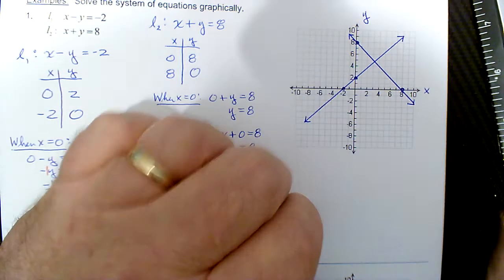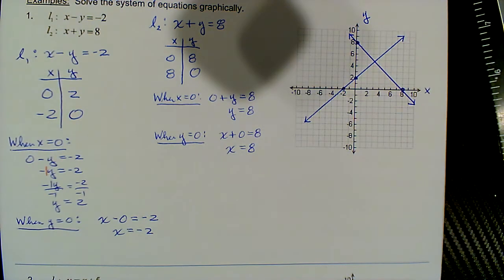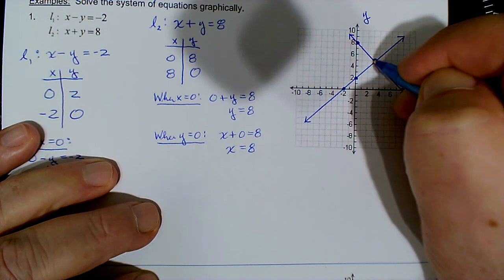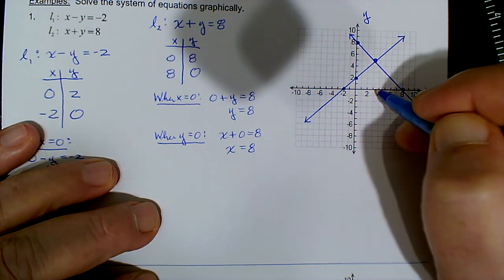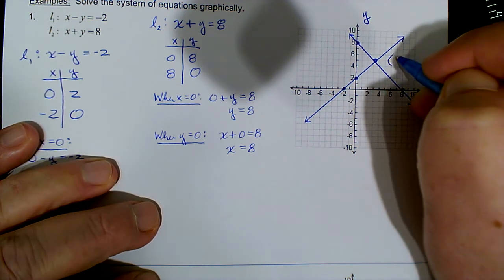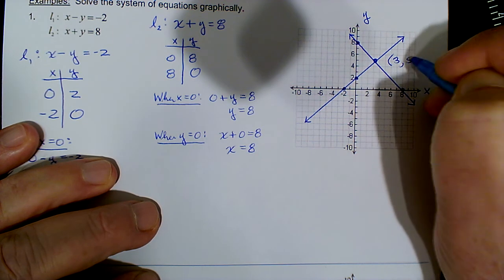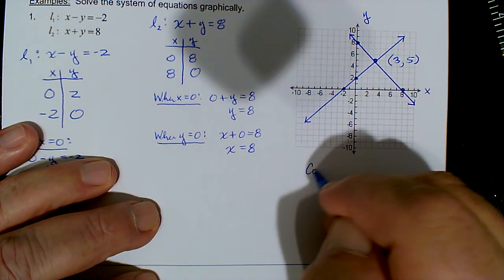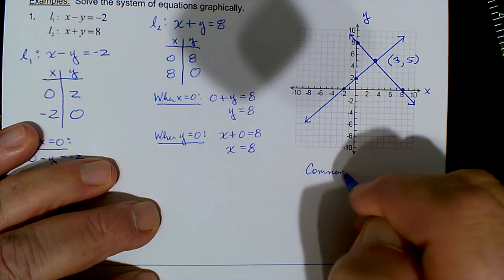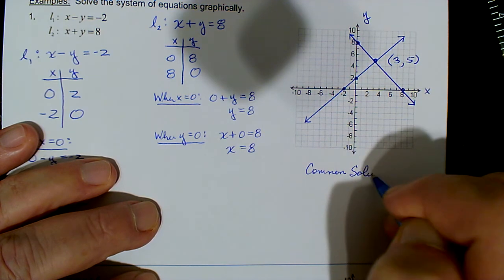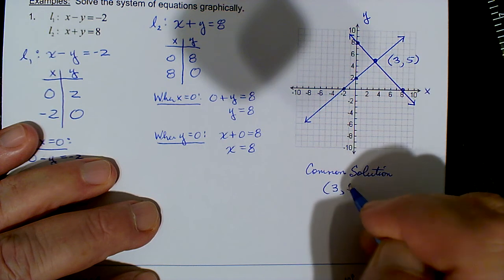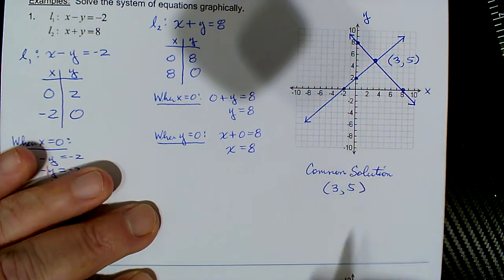You can see there's a point of intersection. And what we have to do now is read that point. And it looks like the point is 3 and 5. So the common solution is the point 3, 5.